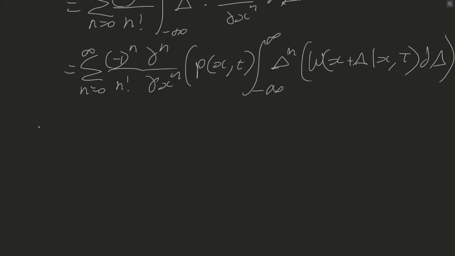Now what we can do is define the nth conditional moment of jump size delta.